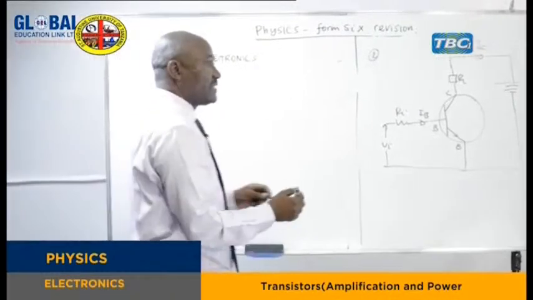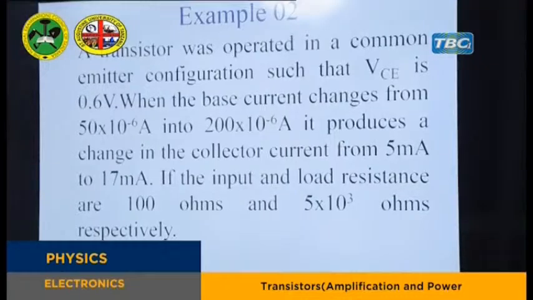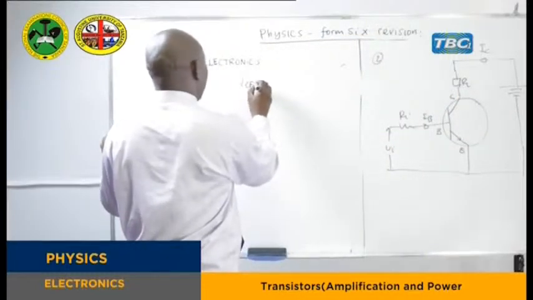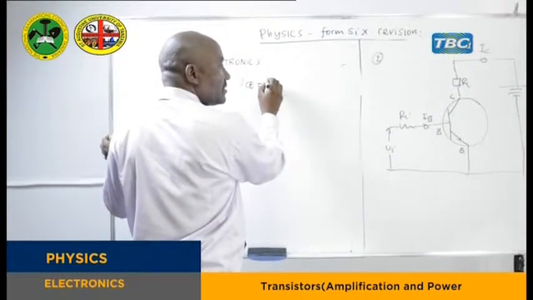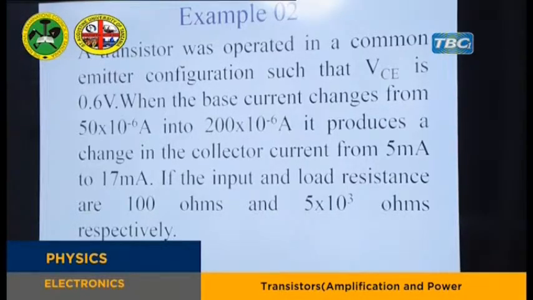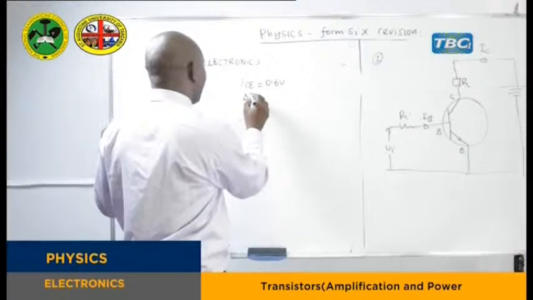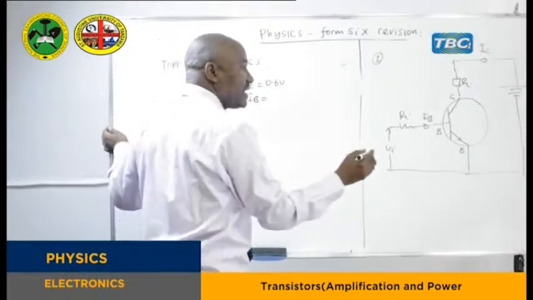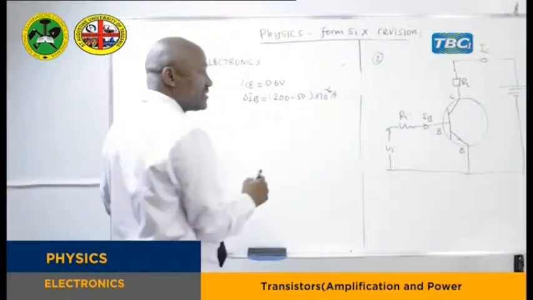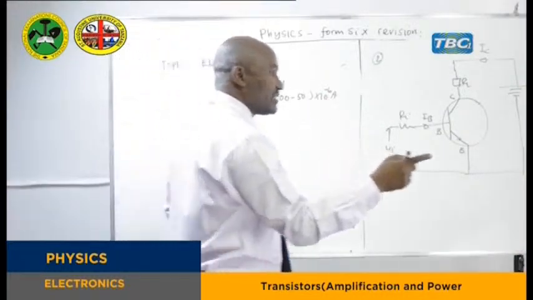So we are given that VCE equals 0.6 volts. When the base current changes, the change in base current equals 200 minus 50 times 10 negative 6 ampere. This change in the base produces a change in the collector.